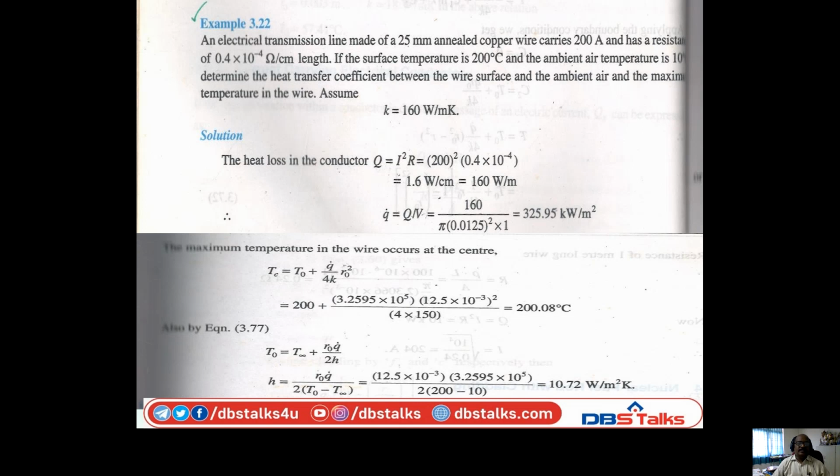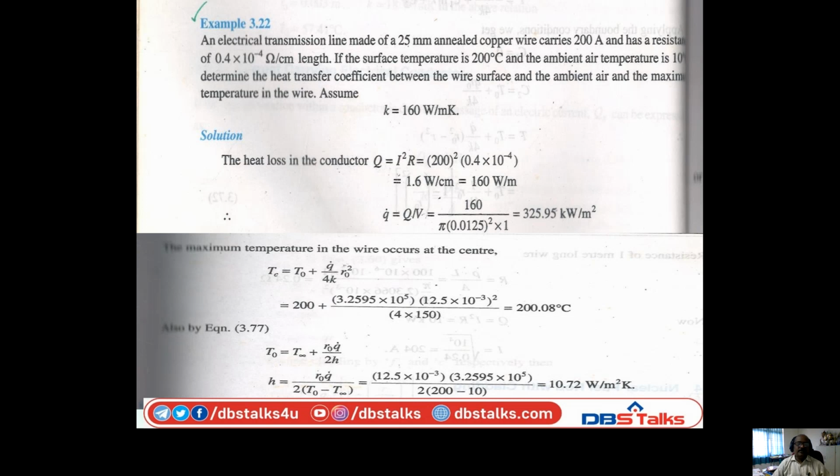If the surface temperature is 200 degrees centigrade and the ambient temperature is 10 degrees centigrade, determine the heat transfer coefficient between the wire surface and the ambient air and the maximum temperature in the wire.